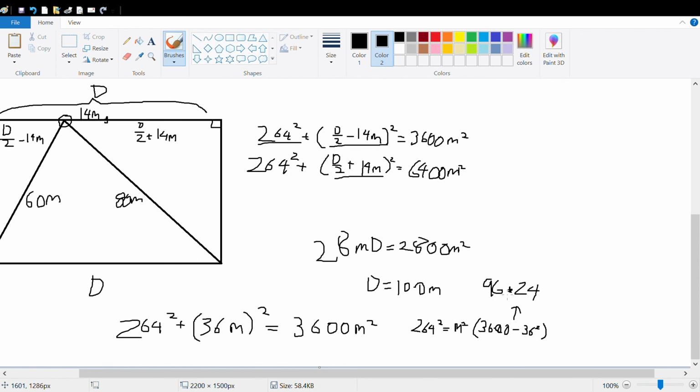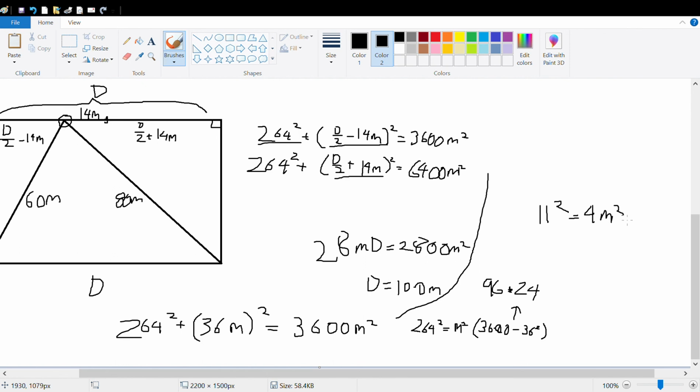If we divide both sides by 24 squared, we get that 11 squared is equal to 4m squared.